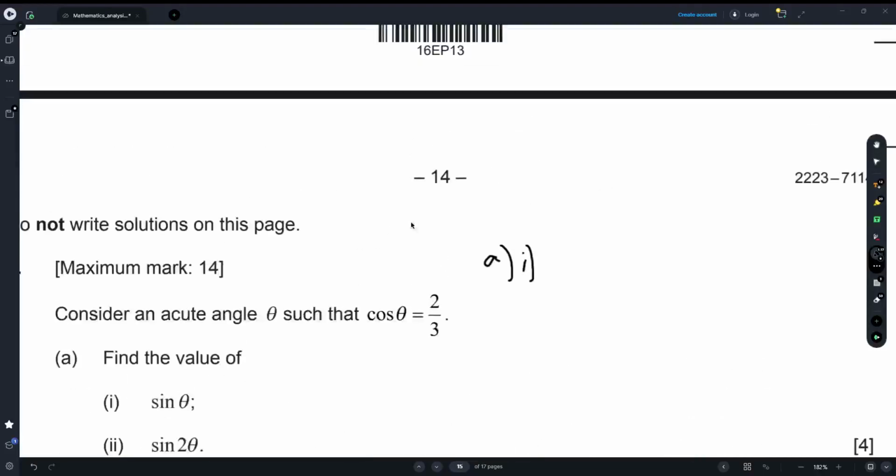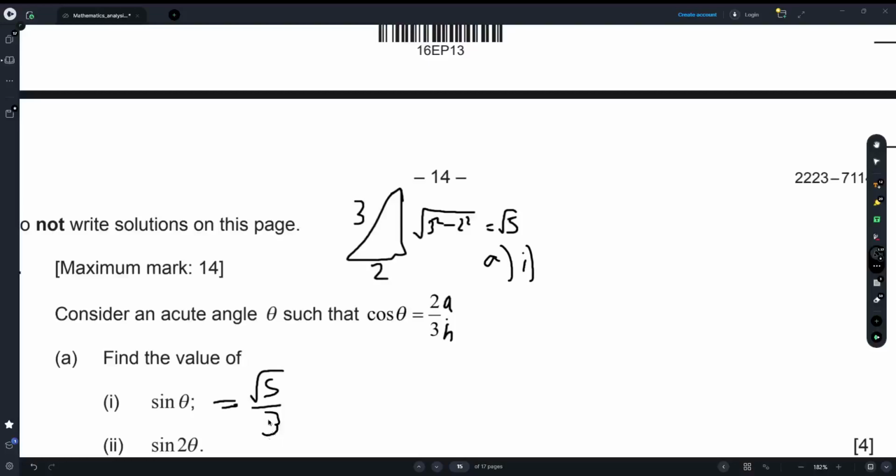For sine theta, we can consider a triangle where the hypotenuse is 3, the adjacent is 2, and cosine theta is adjacent over hypotenuse. So sine theta, by the Pythagorean identity, is root of 3 squared minus 2 squared, which equals root 5. This is the opposite side. So sine theta is just going to be root 5 over 3.